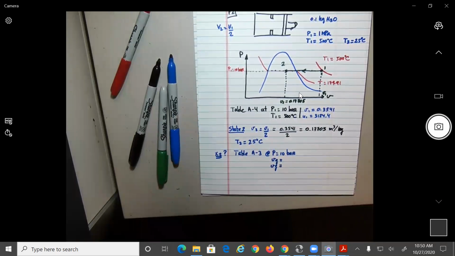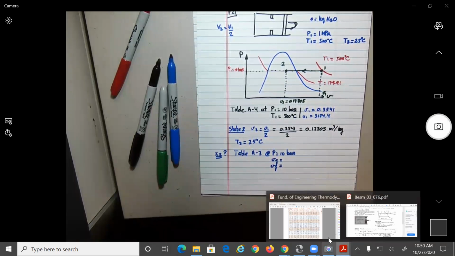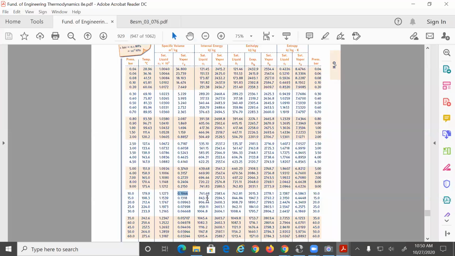V gas is 0.1944 and V fluid is 1.1273 times 10 to the minus 3.